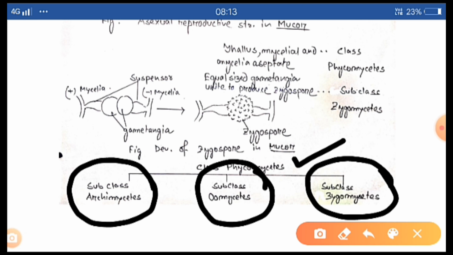In Archimycetes there is no mycelia, that is mycelia is not developed, and in case of Oomycetes and Zygomycetes the mycelia is developed but non-septate. In Oomycetes the sexual units are unequal in size, and in Zygomycetes the sexual units are equal in size.